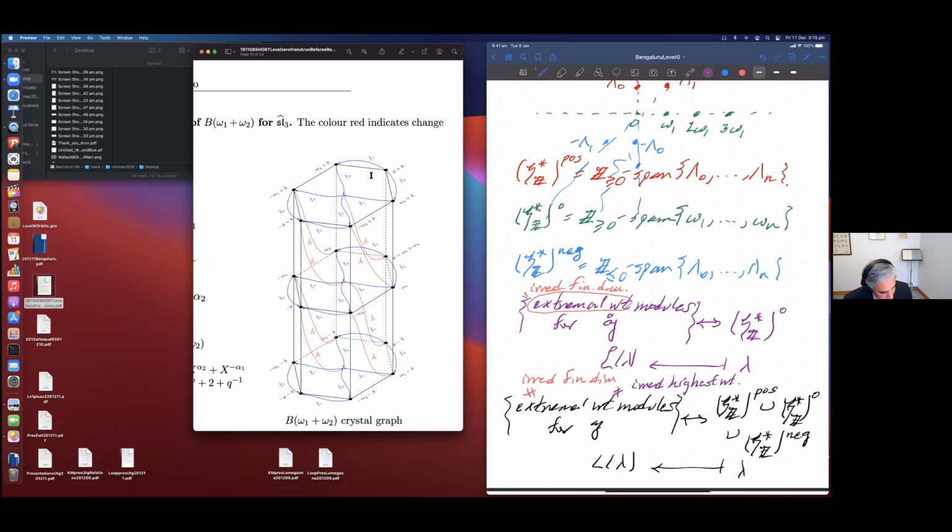But all of these modules are integrable. So this is a subset of integrable modules.